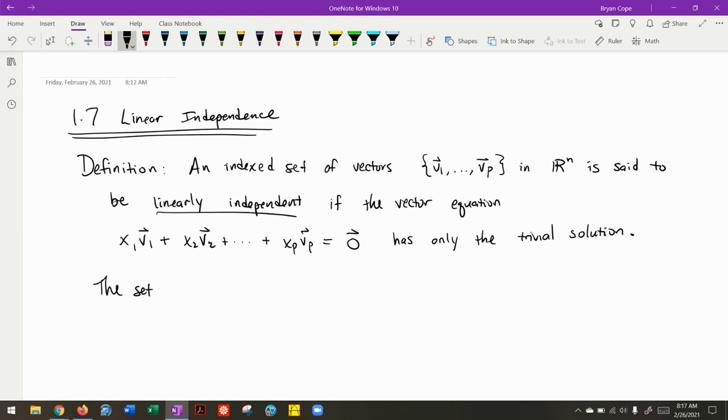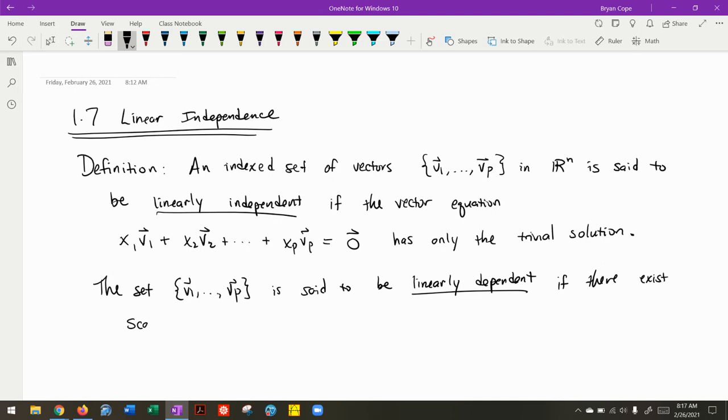All right, so let's say the opposite of that, right? So the set v1 to vp is said to be linearly dependent. That's the opposite of linearly independent, right? So the set is said to be linearly dependent if there exist scalars c1 to cp, not all zero, because if they were all zero, then we'd have a linearly independent set, right?